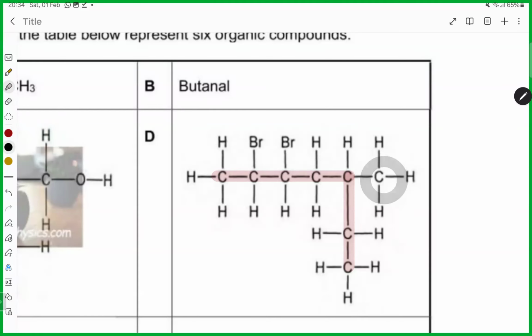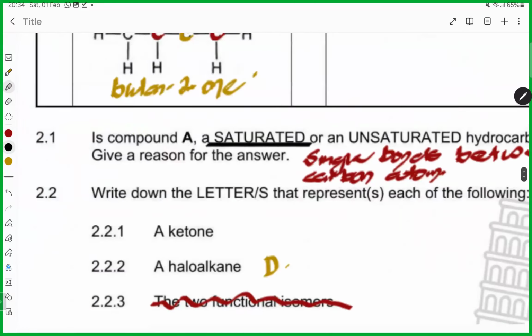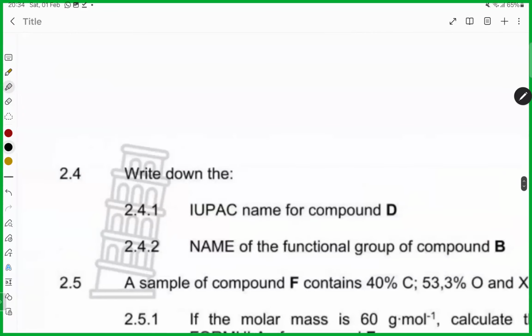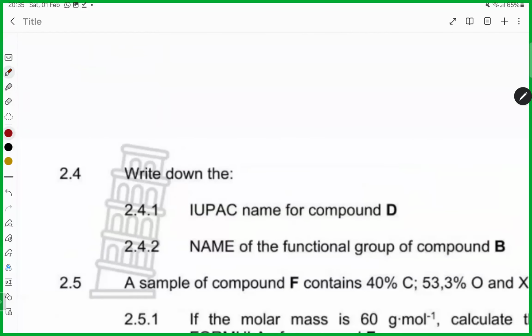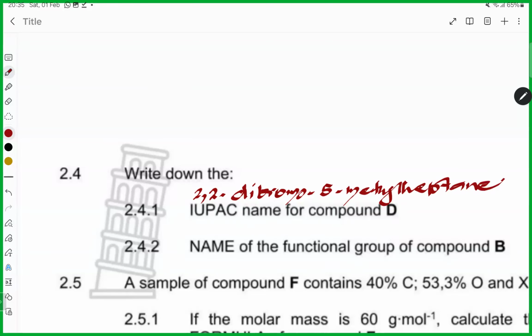But heptane for the main chain, right? Methyl heptane is one word.